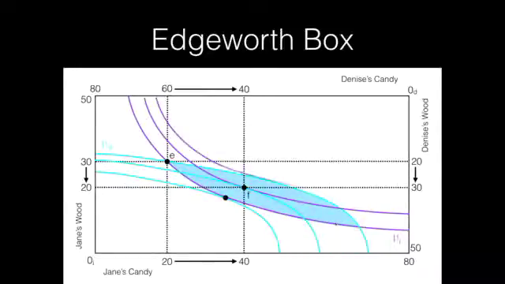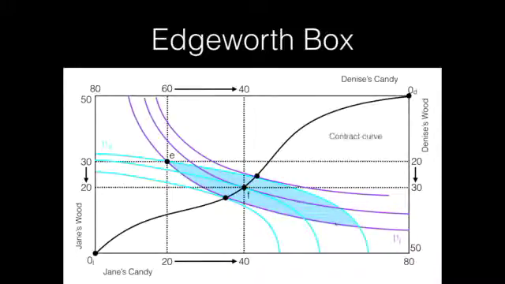Make sure you realize that there are going to be multiple equilibria here where the indifference curves are tangent to one another. I drew in a couple of additional purple lines here, and we have additional light blue lines here to represent allocations where the indifference curves of these two individuals are tangent to one another.